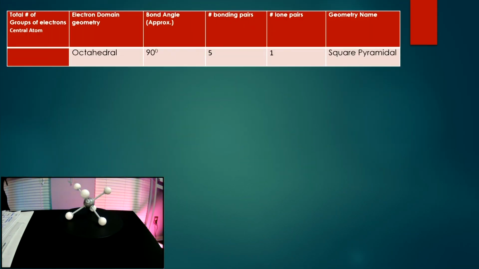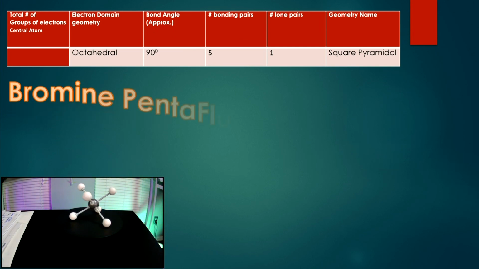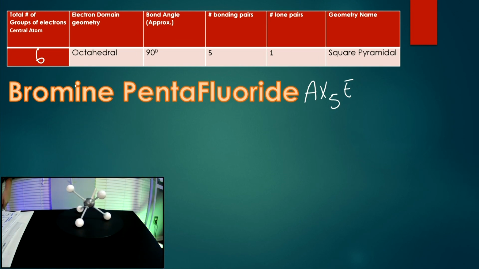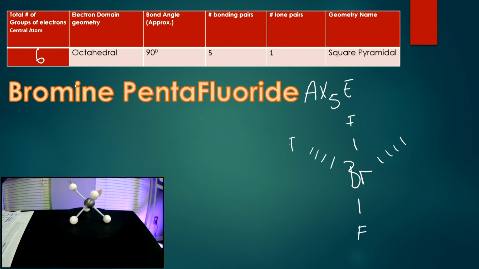Next up is bromine pentafluoride. So bromine pentafluoride, I'm going to do 5 bonding and 1 lone pair for a total of 6. So that will be AX5E. So what's that going to look like? So you can see it on your screen. So our bromine is going to be in the center. Our fluorines are going to be on the outside. Dash lines either side moving away.